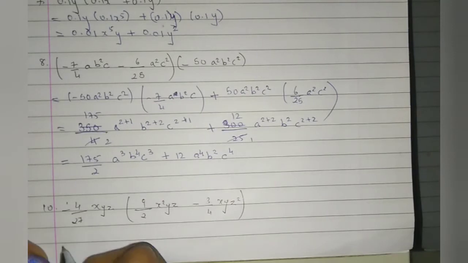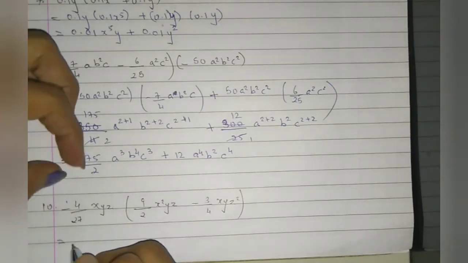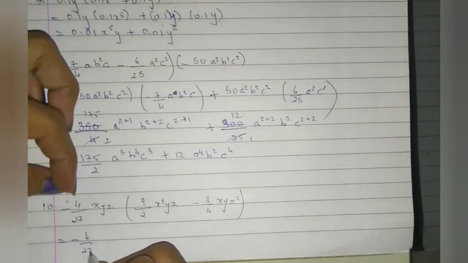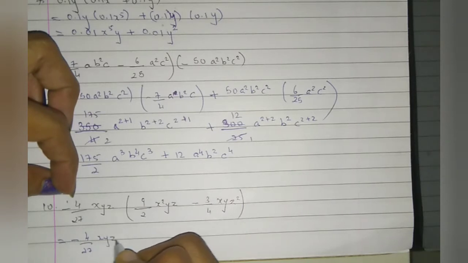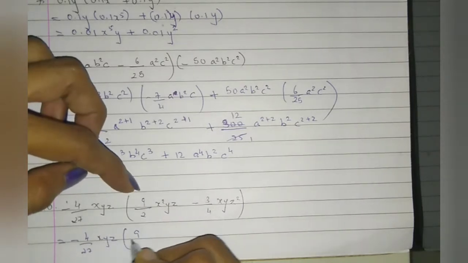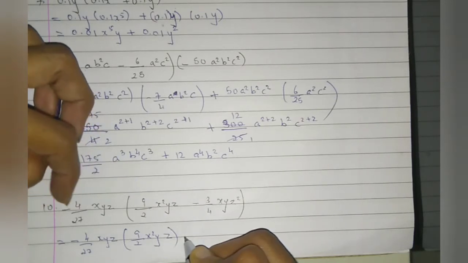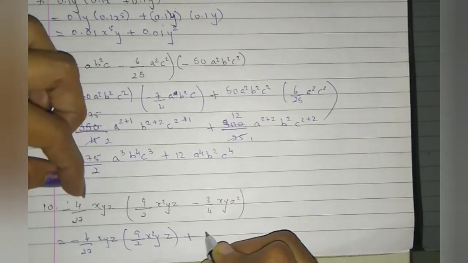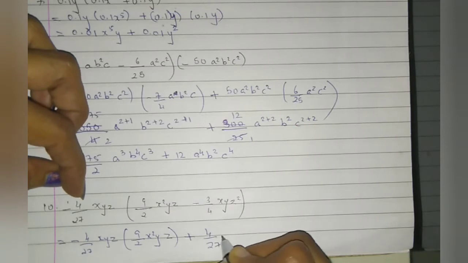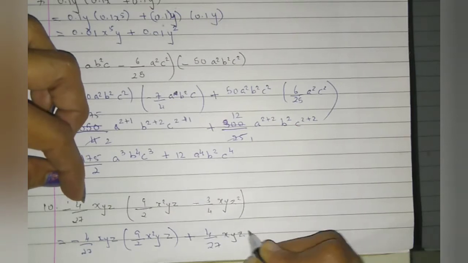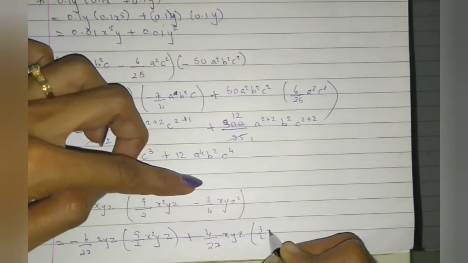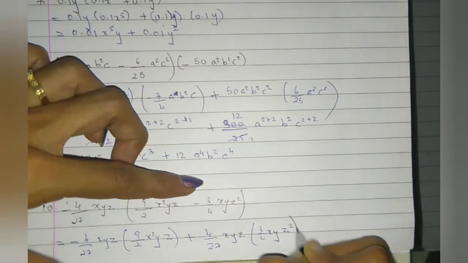Now here we have to multiply first, which is 4 upon 27 x y z multiplied by 9 upon 2 x square y z, minus minus plus 4 upon 27 x y z multiplied by 3 upon 4 x y z square.